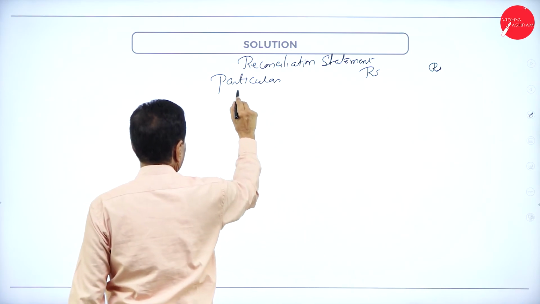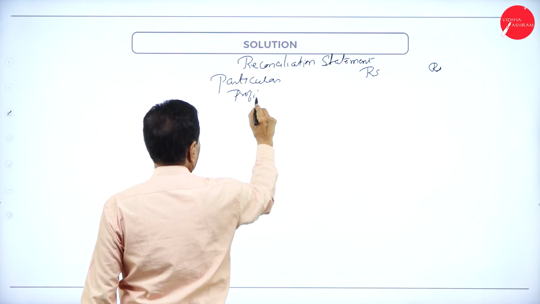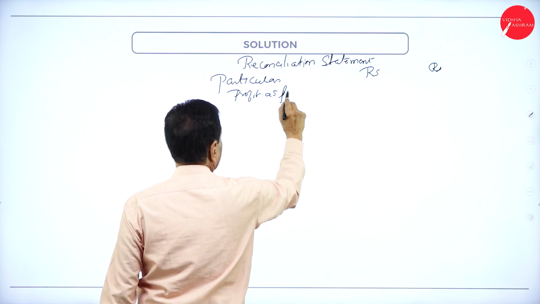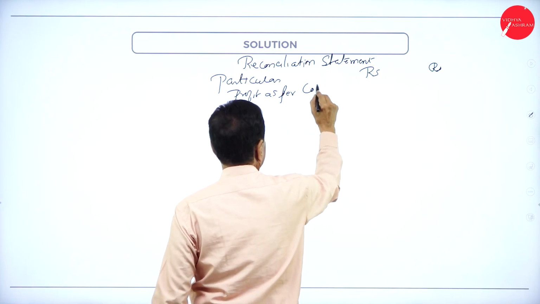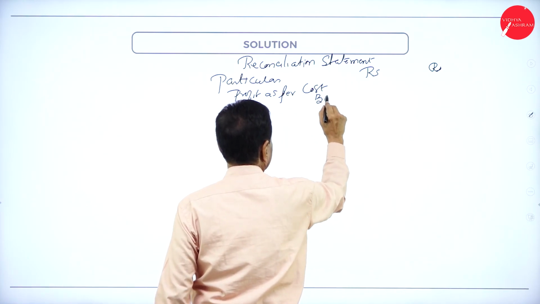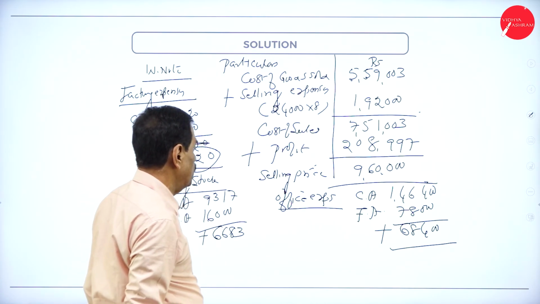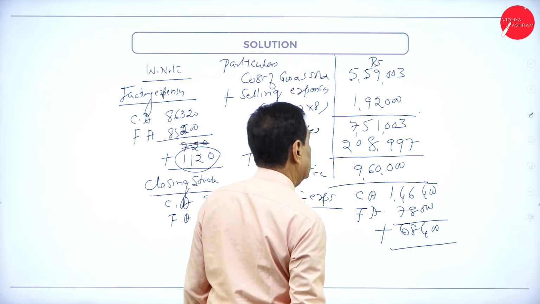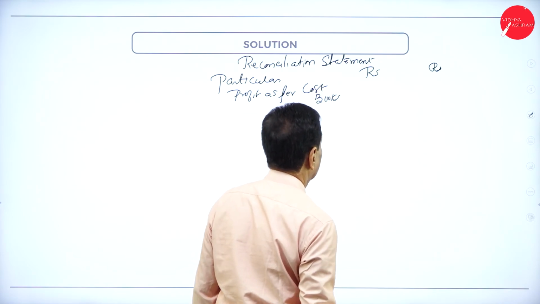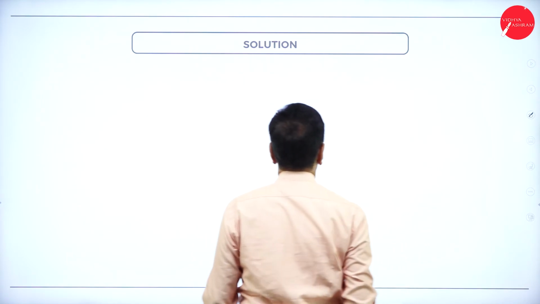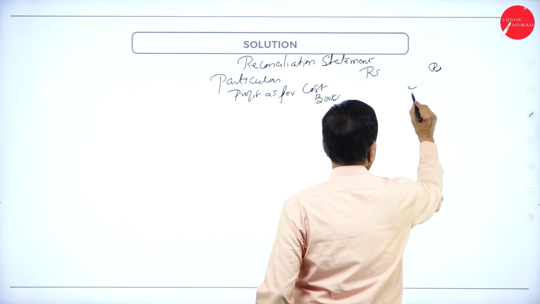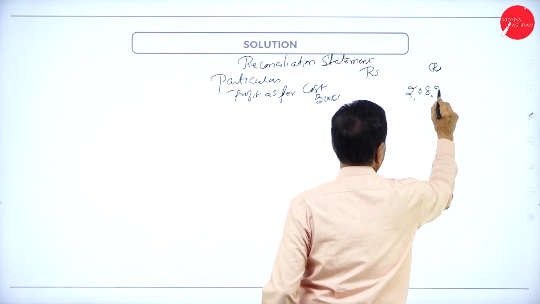Profit as per cost books. So what's your profit as per cost books? 2,08,997.